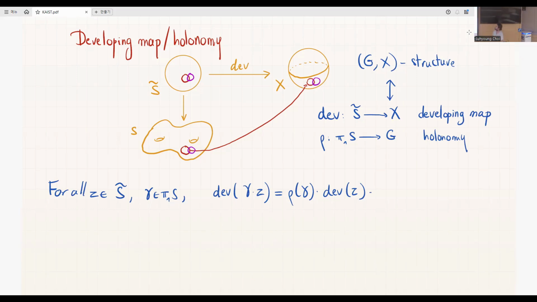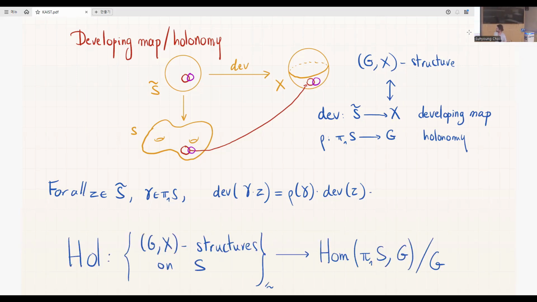Okay, so it's defined as follows. You have the developing map when you evaluate it in gamma Z, where gamma is an element of your fundamental group. It's the same thing as rho of gamma that acts on the developing map of Z. Okay, so we get this map that goes from the set of geometric structures into the set of representations.